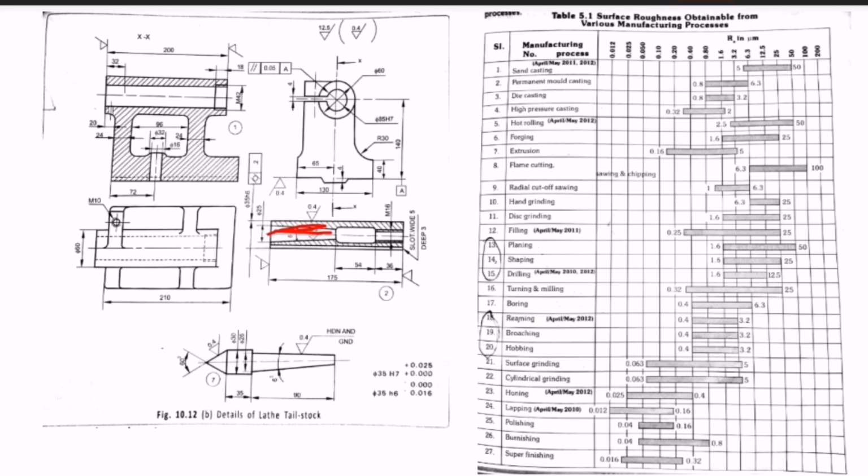So we will take honing 0.4 because it is nothing but machining the abrasive surfaces, means grinding is nothing but machining the surfaces of abrasive, right? That's why we'll take honing like 0.4 number. Like that everywhere 0.4 is there. That 0.4 is maybe reaming or boring or broaching.